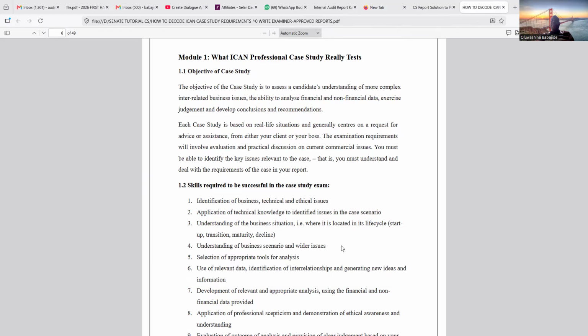Why is it important to identify this? Because if ICAN is giving you a startup business, the way you will treat it is going to be different from a business that is already at the decline stage. Or if they give you a mature business, the way you deal with it is going to be different from the way you treat a startup business.